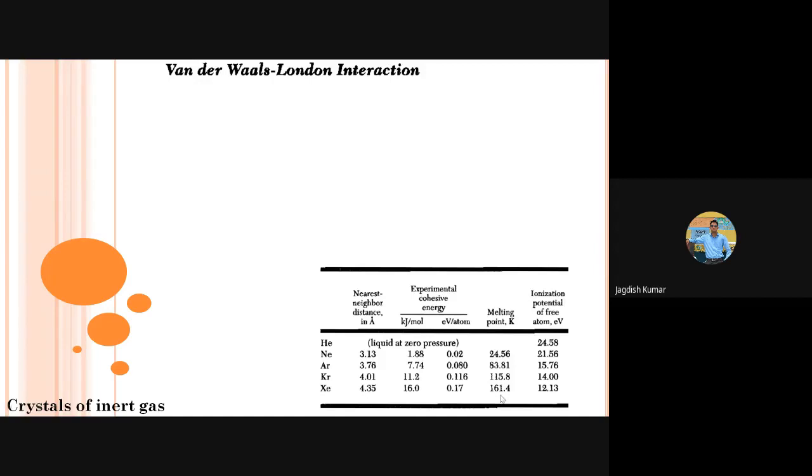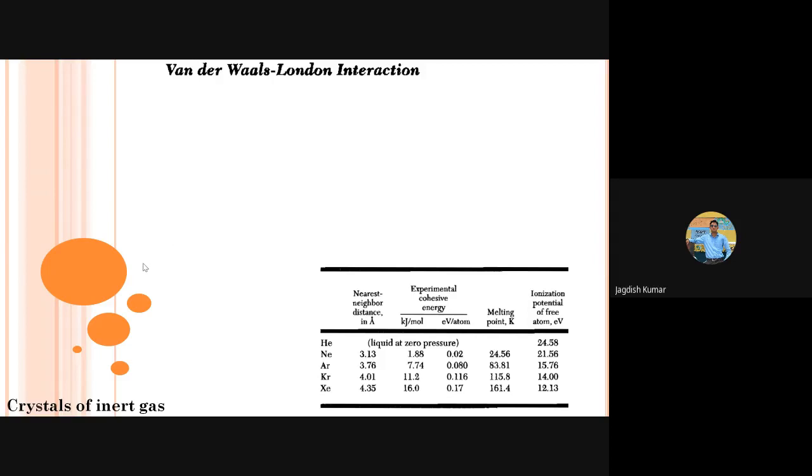So now we should think about why this leads to the strongest bond strength in the case of xenon and the smallest bond strength in the case of neon. We know that xenon is the largest atom among these. If you consider a charge distribution, there is a nucleus, and around it a negative electron charge distribution around the positive nucleus.